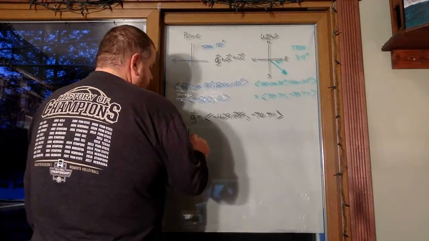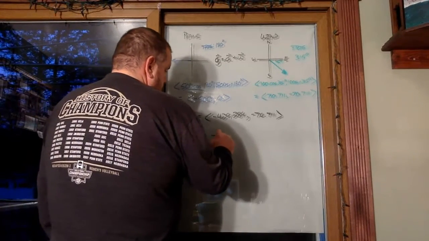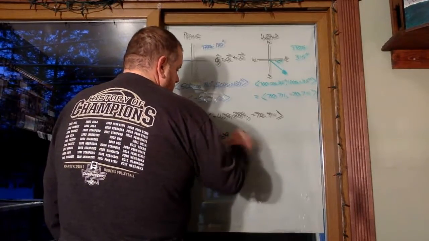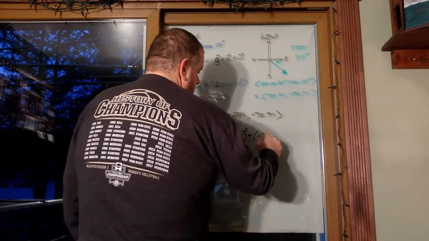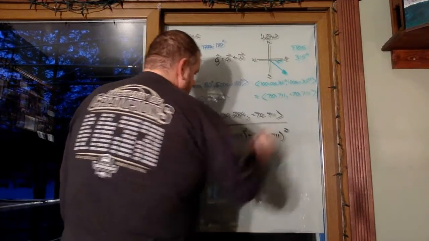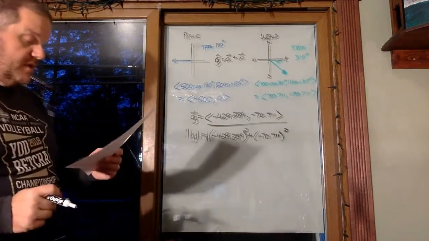Magnitude is going to be my true ground speed. Square the x, square the y, and take the square root of it.